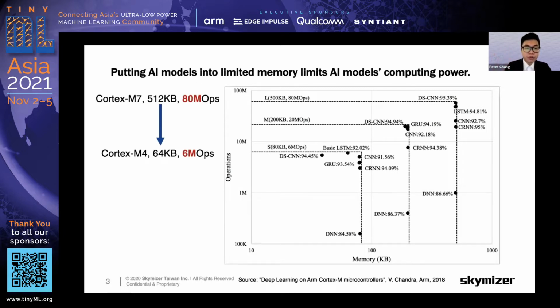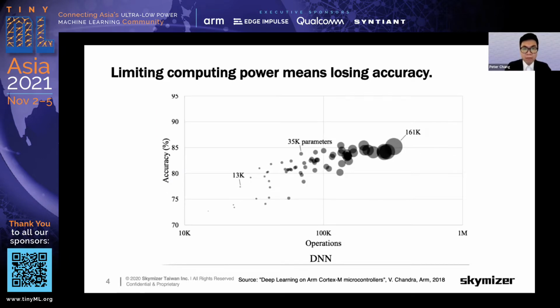While if you decide to use M4 devices, there is perhaps 64 kilobytes memory, so you can only put 6 million operations into that device. So what does it mean? It means limiting computing power means losing accuracy.